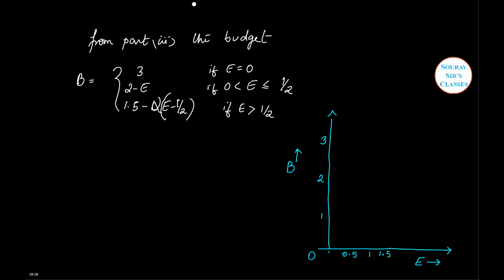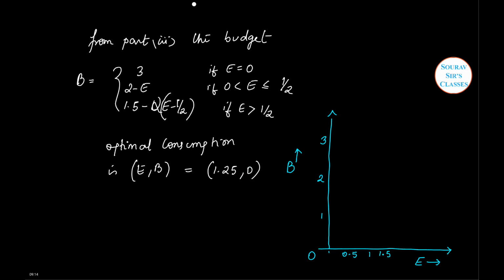And if this is solved, then we get the optimal consumption, denoted by E comma B, which is 1.25 comma 0.